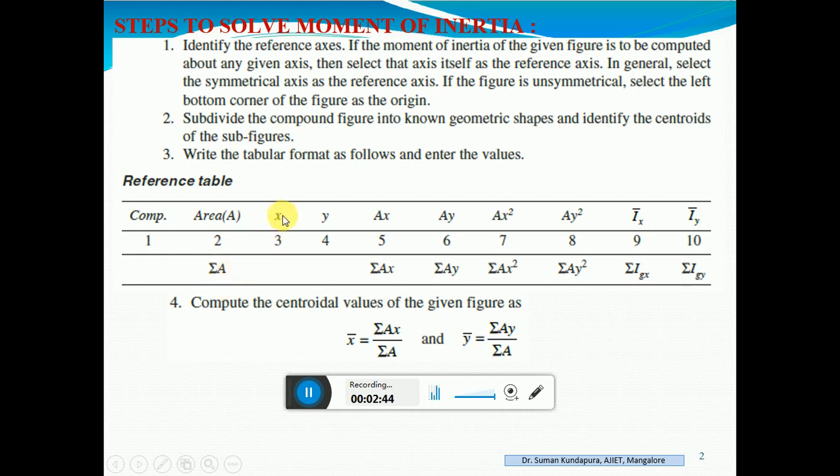Then find out its x distance from the reference axis and its y distance from the reference axis. Multiply the area with the x distance and the area with the y distance, and write it here. Then sum up all the Ax distances and Ay distances. This will be helpful in finding out the x bar and y bar, correct?